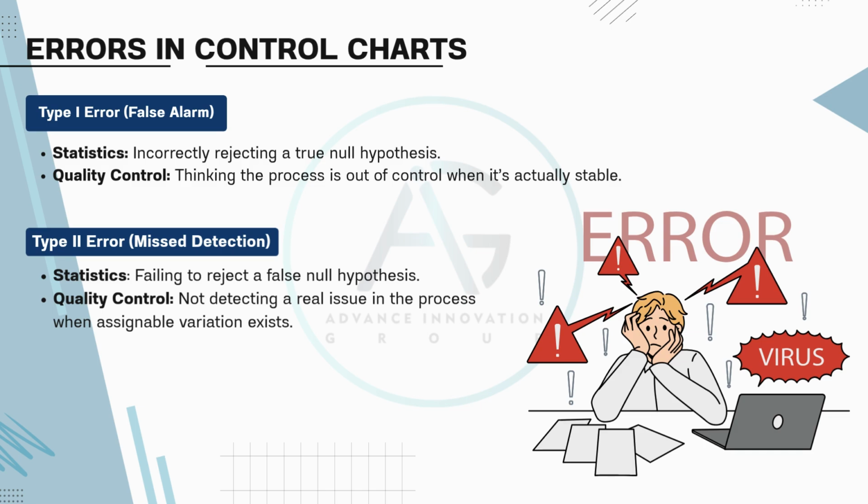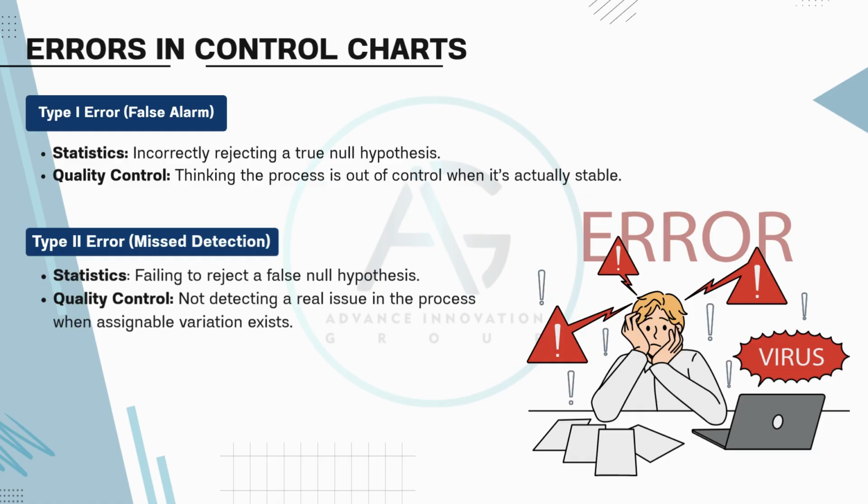Type 2 error is referred to as a misdetection. Statistically, it occurs when we fail to reject a false null hypothesis. In the context of quality control, this means we miss a real issue in the process, ignoring an assignable cause of variation. This can result in defective products and customer dissatisfaction.